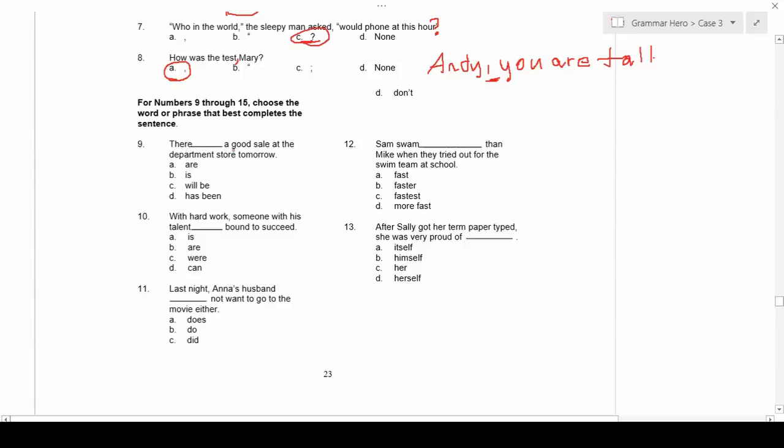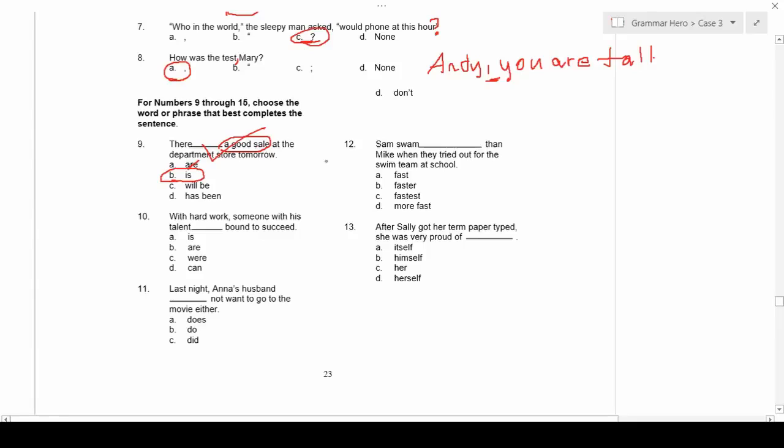So there, blank, a good sale at the department store tomorrow. There are a good sale. There is a good sale. Yes, that sounds right. And again, we're matching is with a good sale. So if it said there are good sales, that would be correct, but there is a good sale.